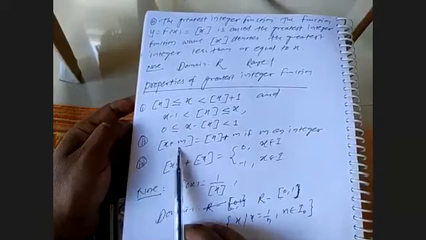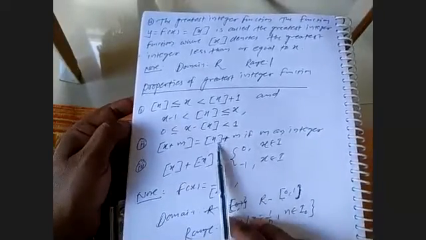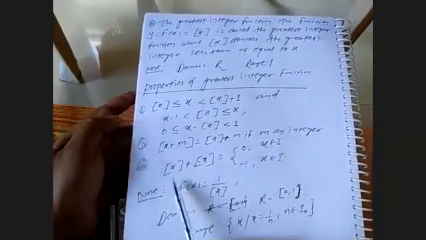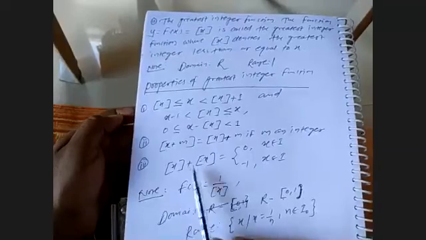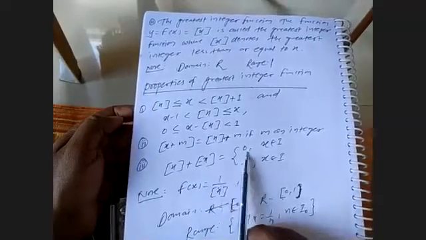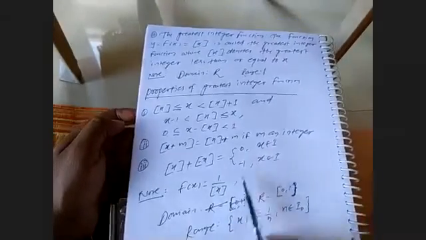The greatest integer function x plus m is equal to the greatest integer function x plus m if m is an integer. The greatest integer function x plus the greatest integer function minus x is equal to 0 for x belongs to Z, and minus 1 for x belongs to R minus Z.